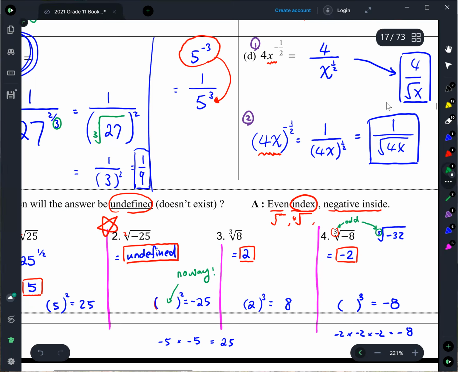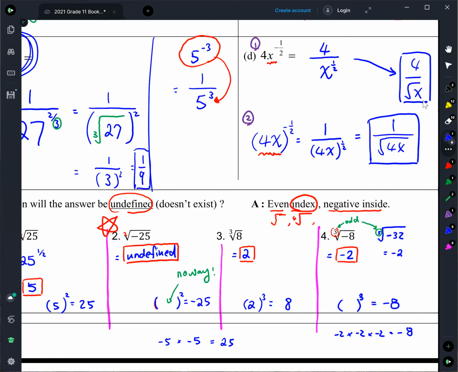Okay, yes, Kat already answered. So for this example, it will be -2 as well. -2 times itself 5 times, it still works. So remember, if it's an odd number, it's okay to have a negative. If it's an even number, it will be undefined.